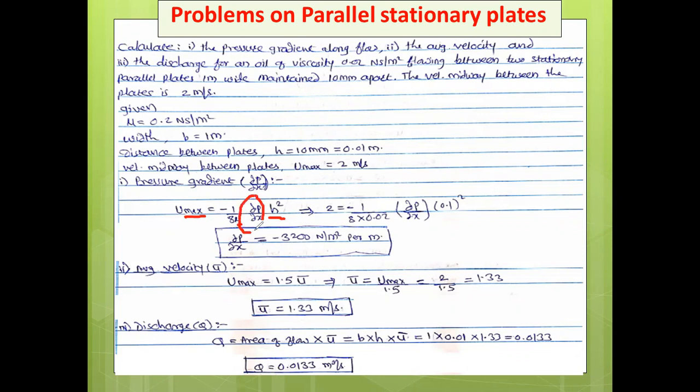You will get the value of dp upon dx, and that is equal to minus 3200 Newton per meter square per meter. Minus sign indicates that the pressure is decreasing along the flow.